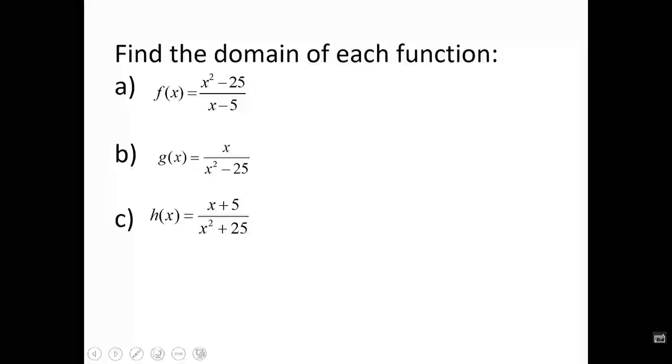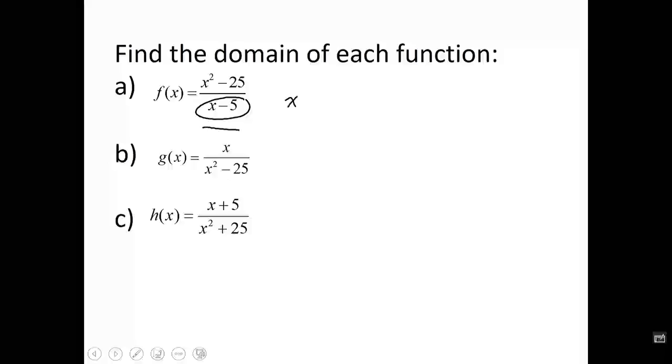Now let's consider the example where we have to find the domain of each of the given functions. Each function is a rational function, and we know that in a rational function, we're very concerned that we are not dividing by 0. So we need to determine where the denominator is equal to 0.